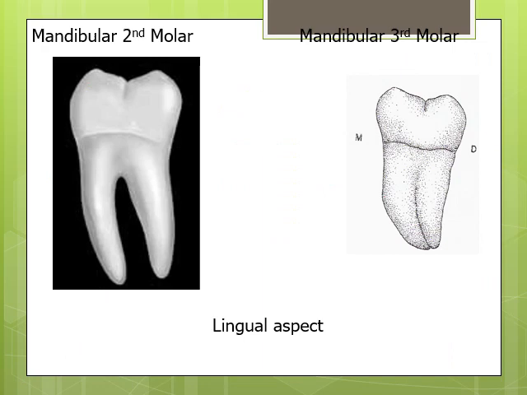Here we can see the crown and root comparison of the mandibular third molar and the mandibular second molar. This is a diagram in which there are fused roots, and there is a difference between the crowns.